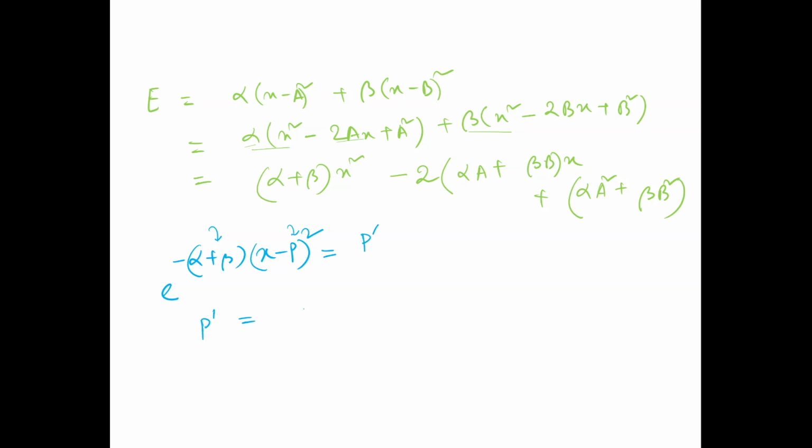So this P dash is (alpha plus beta) (x minus P) square, right?